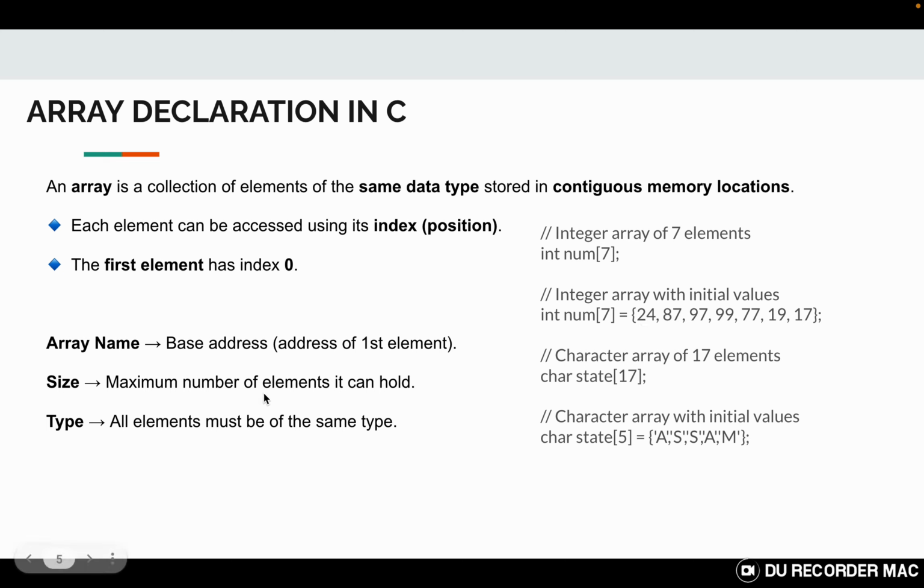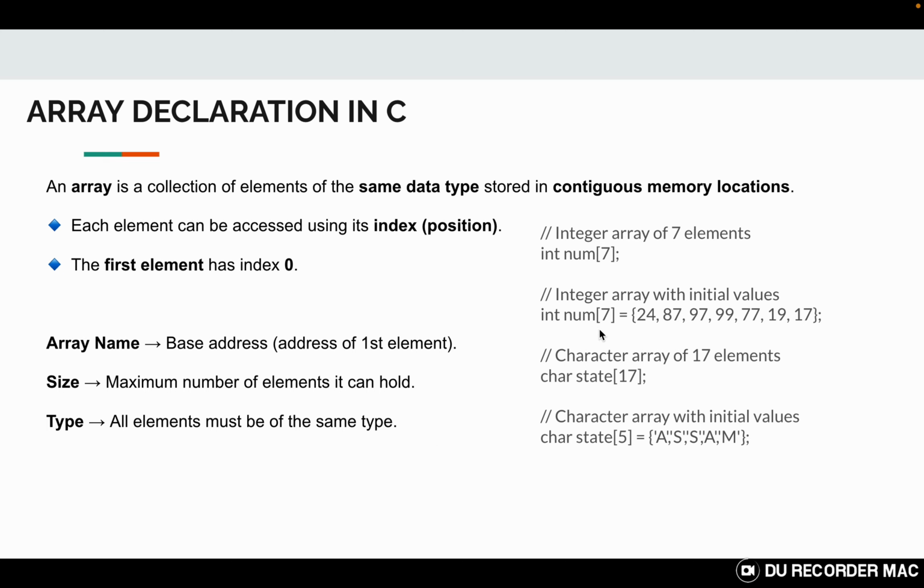Okay, size: the maximum number of elements it can hold. The size of the array is the number of elements that it can hold. So in this case 1, 2, 3, 4, 5, 6, 7. It is holding 7 elements, so the size of the array is 7. Type: all elements must be of the same type.